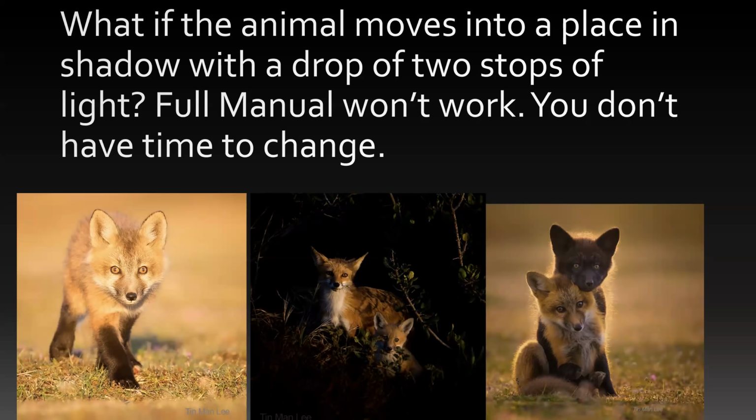You actually have to have a method that adjusts the exposure on the fly, even though it might not be perfect, but near perfect is better than catastrophic. That's the term I try to say. This is a quote. You guys should remember it.